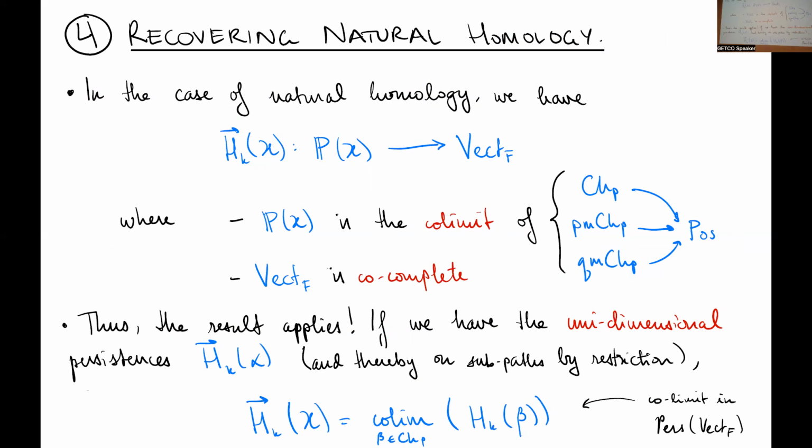And actually, it suffices to just calculate the unidimensional persistence along each maximal trace. Then, of course, we still can just restrict and have it on all the quasi-pullbacks. So we just need to calculate the unidimensional persistences along each of the maximal traces in order to recover the whole diagram. Okay? So this is the nice initial result, let's say, that's linking natural homology to persistent homology.